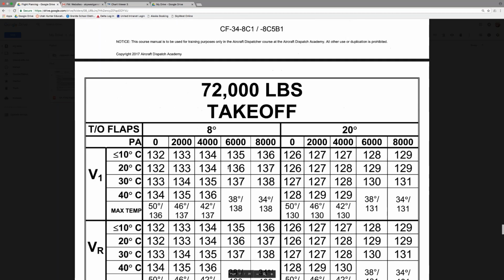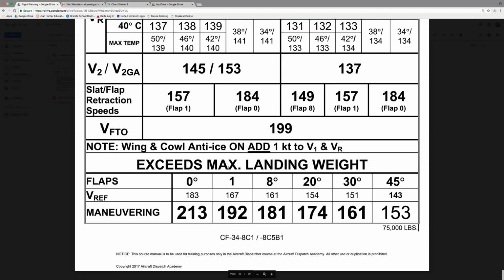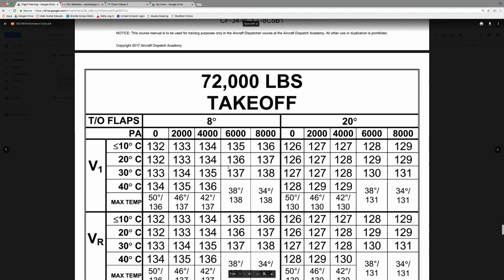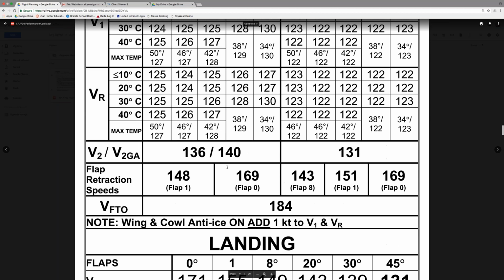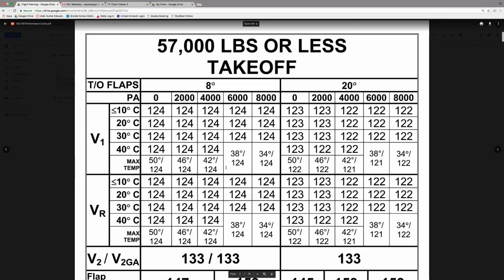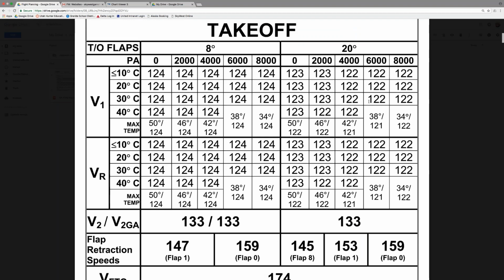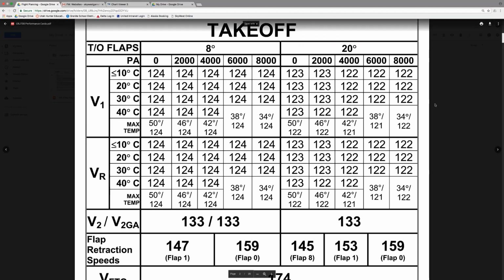So we can see that we have a chart for every single one of our takeoff weights, all the way down to 57,000 pounds. So they're just rounding off to the thousands. Yep.